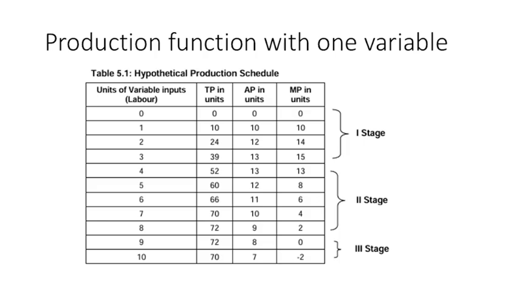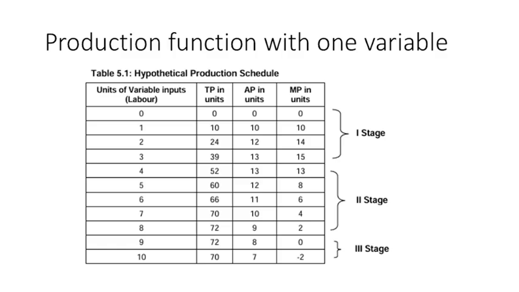See, this is the tabular form of a chart with the production function with one variable, and this behavior of the production function with one variable can be explained with the help of the law of variable proportions. The law of variable proportions means we are changing some of the variable factors proportionately, where the fixed factor inputs we may keep constant.